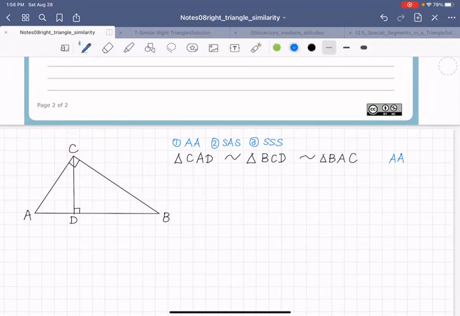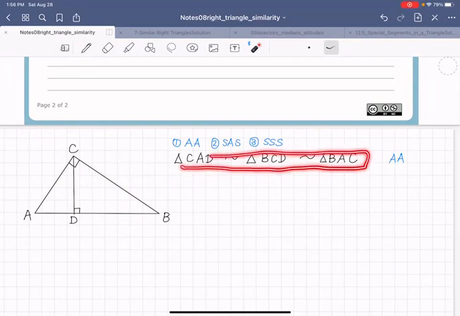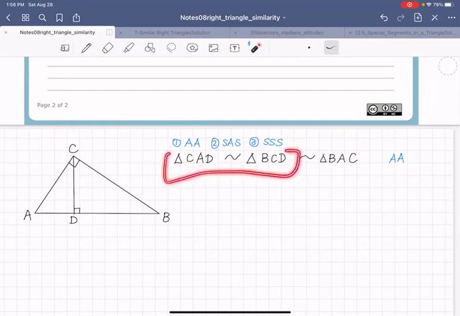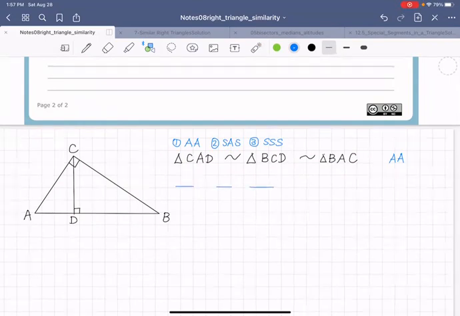Next one, Debbie. We already listed the triangle similarity correctly. Now it is time to write down the proportion. Can you tell me CA over who? We are going to check these 2 triangles by writing down the similarities. CA over BC. Okay, hold on.